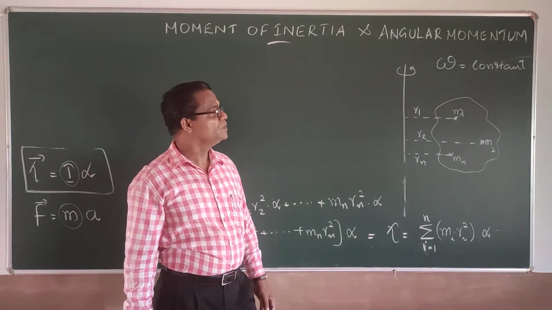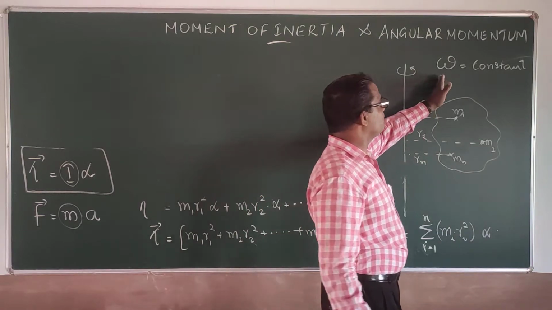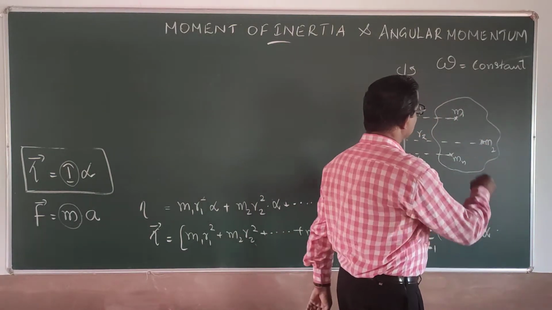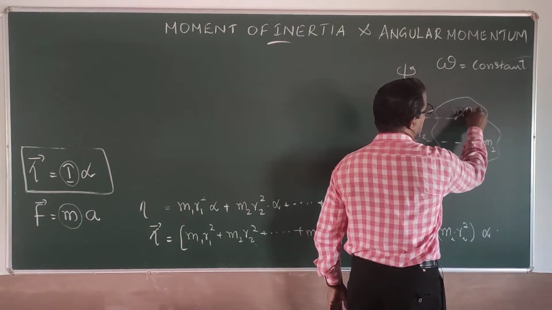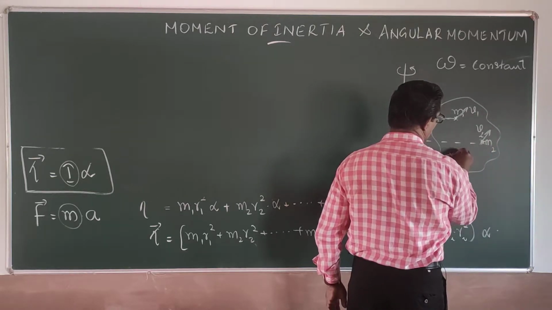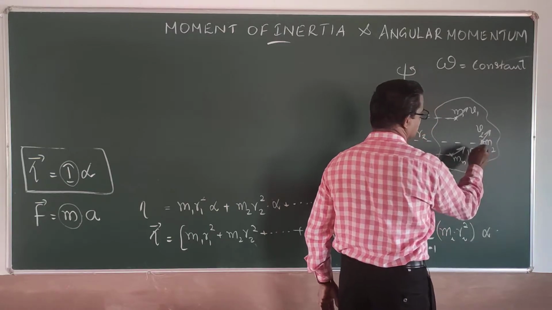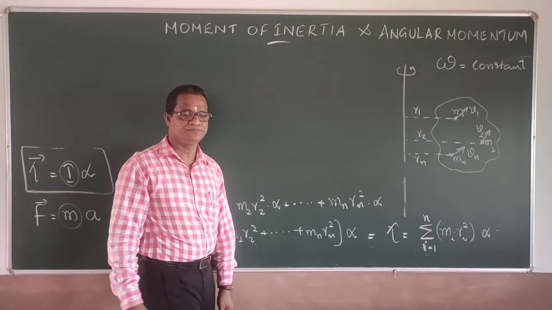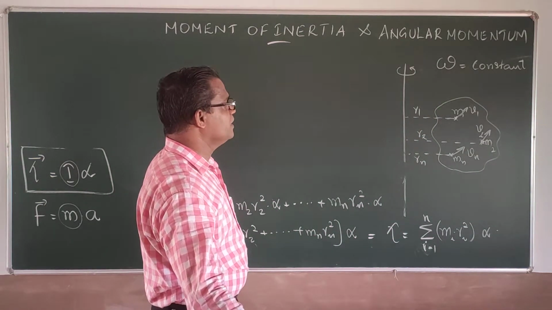If angular velocity omega is constant, each particle will have its own tangential linear velocity, v1, v2 and vn.